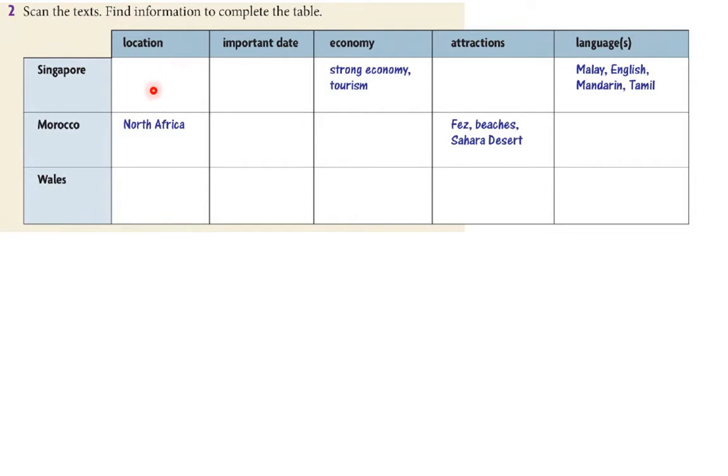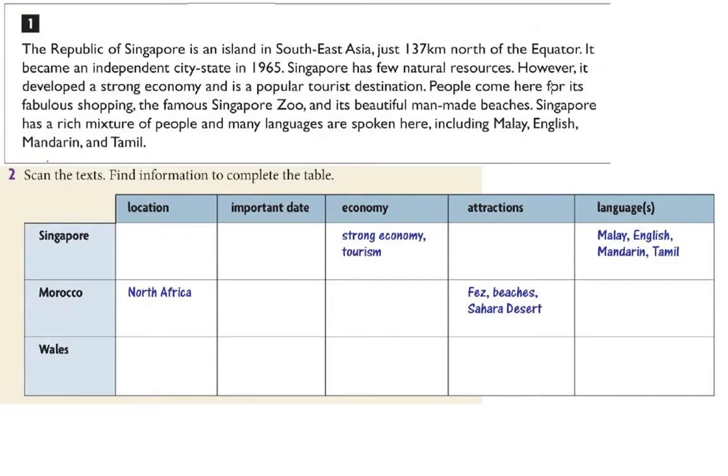In order to fill this table with the information, we need to scan the three paragraphs. Let us start with the first paragraph. Regarding Singapore, the first one is about Singapore, so we need to find information about its location. So let us scan together.